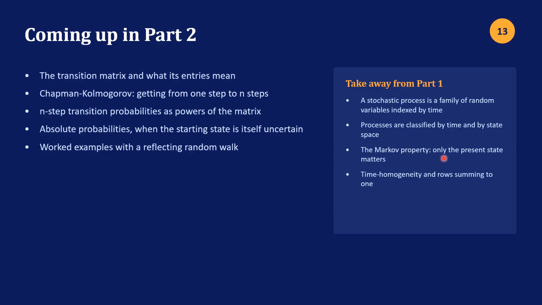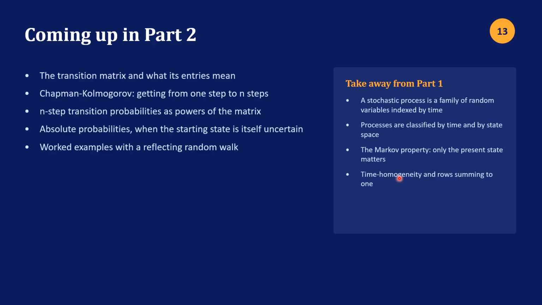The Markov property we mentioned: only the present state matters. So if you're looking for the probability of going from one state to another from time n to n plus 1, you don't need to look at the states before time n. You don't need to look at the past history, basically.